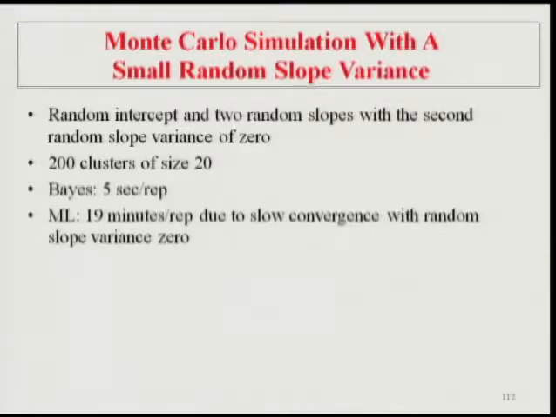So ML uses the EM algorithm, and the EM algorithm, even with acceleration of it, is very slow when one of the variances is 0 for the random slopes. And it takes a long time for the program to tell you that there is no variance.